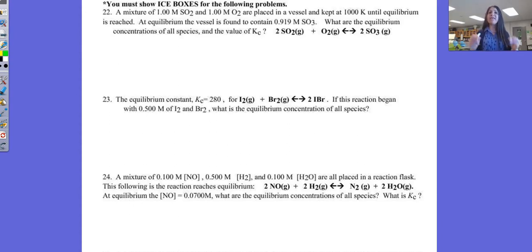Remember, if initially they tell you something like the flask is initially charged with a particular either reactant or product, and they don't tell you how much of the other one there is, assume that you have 0 of it, okay? Again, unless you need it to react, because otherwise there's no reaction. I don't have any of those like that here, okay?